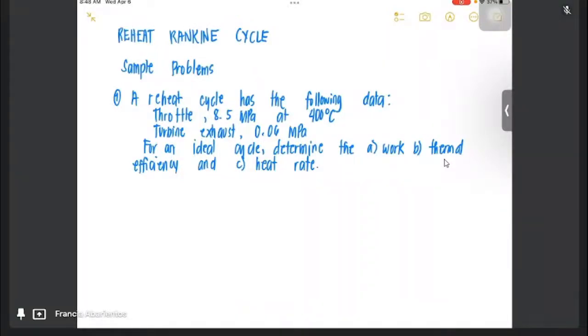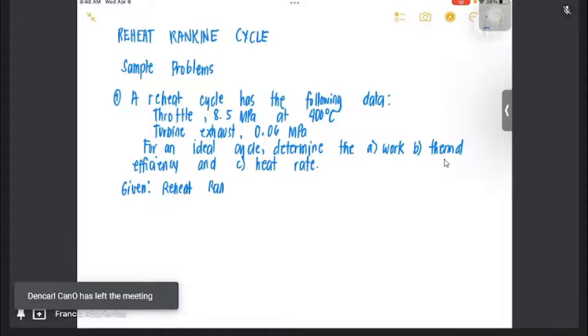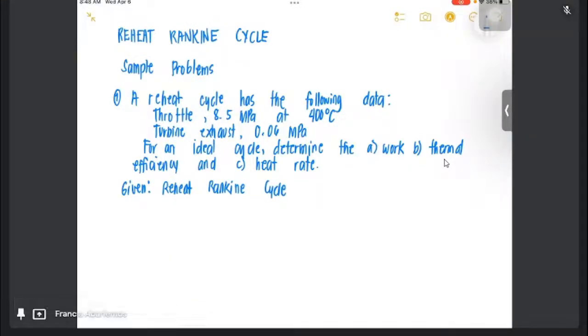What is now the given in the problem? What is the given, class? So, andyan ba yung steam table nyo? Sa katabi nyo? So, given class, this is a reheat Rankine cycle. So, what is the given?